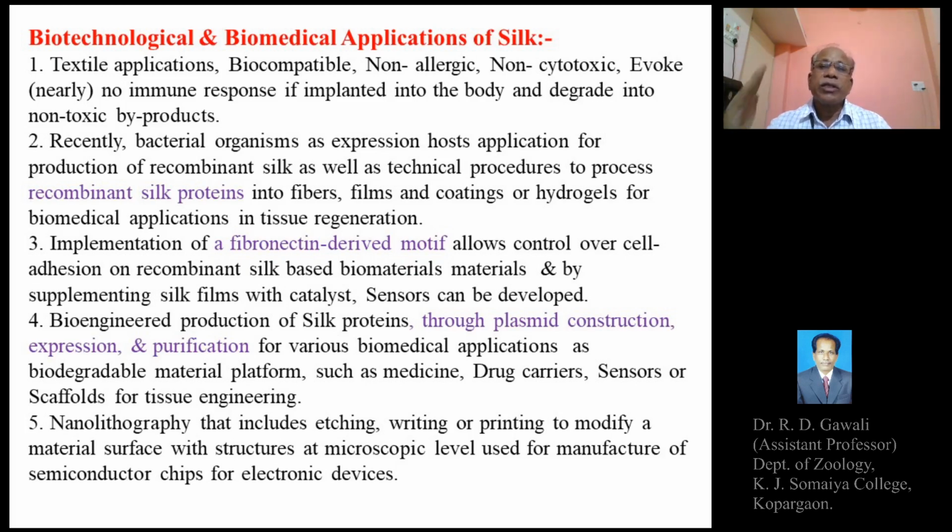And these recombinant silk proteins can be transformed into products like fibers, films, coatings or hydrogels, which are important in biomedical applications, in tissue regeneration, or in the treatment of diseases. Then there is its use in different types of products or biomedical applications.